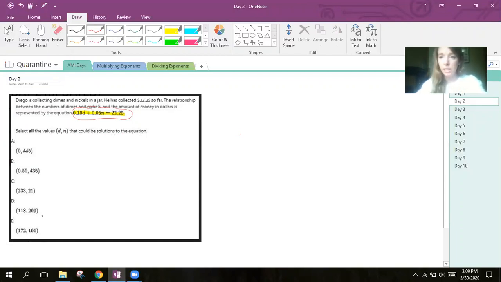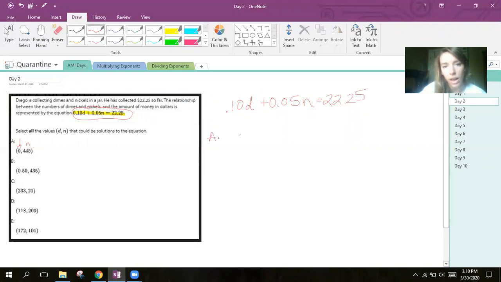Okay, so basically what it's wanting you to do is this first number is going to represent your D, or your dimes, and this one's going to represent your nickels. So if you come over here, we're going to write out our equation. So we have 0.10 D plus 0.05 N equals 22.25.